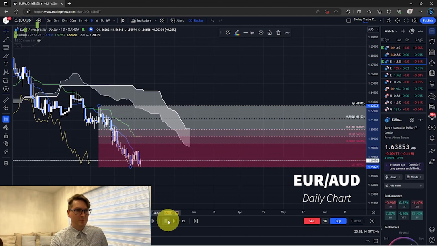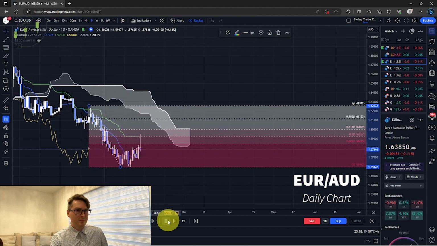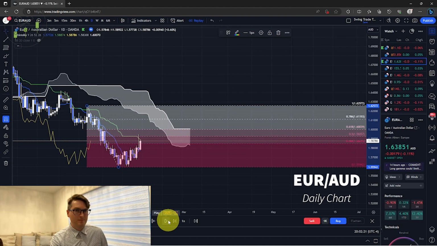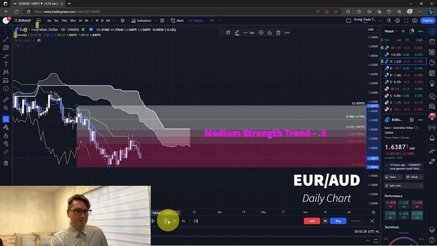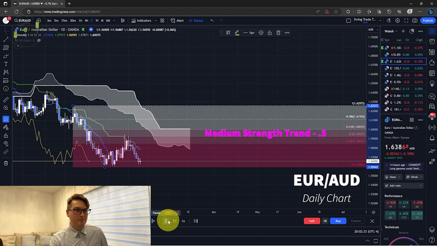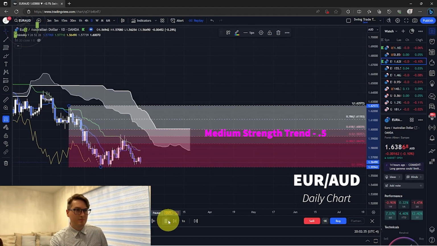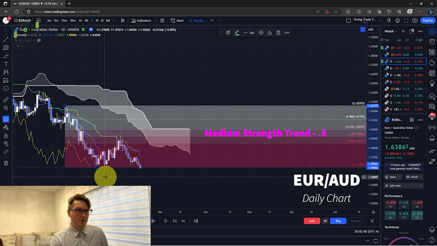Okay, we're back to the 0.5. Now we have price close below this level, so I'm starting to think that we can confirm this N wave down.